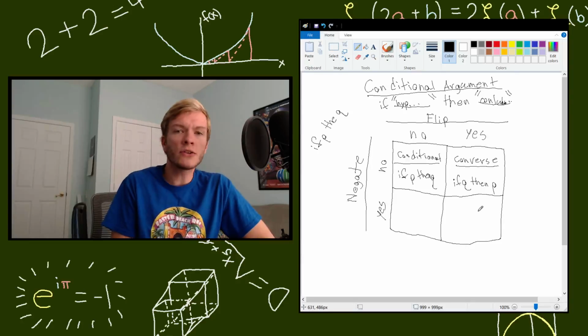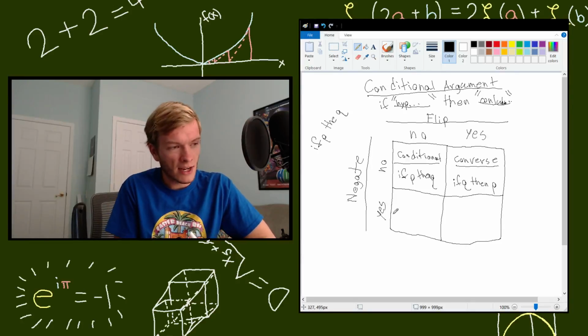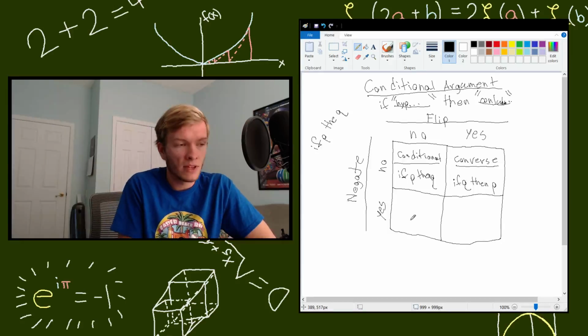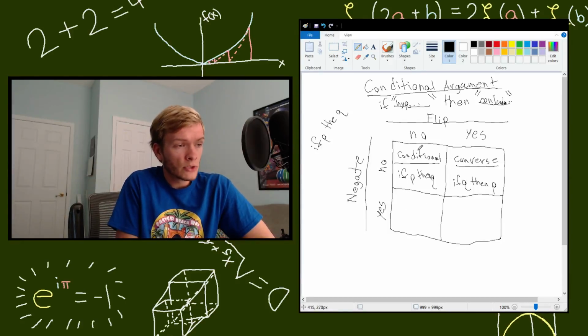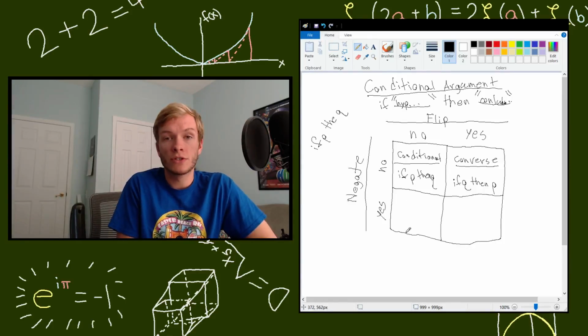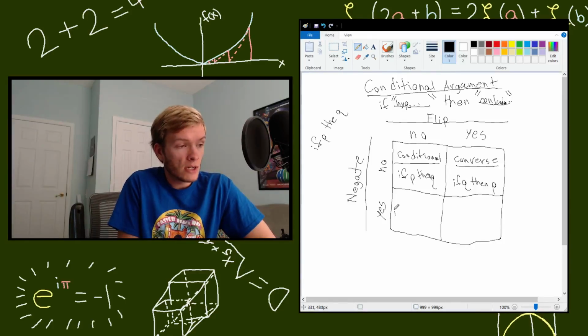We'll get into some examples of this in a second, but I'm just trying to populate the table for right now. So we can look at what would happen if we negated the original statement. So that would mean if not P, then not Q.